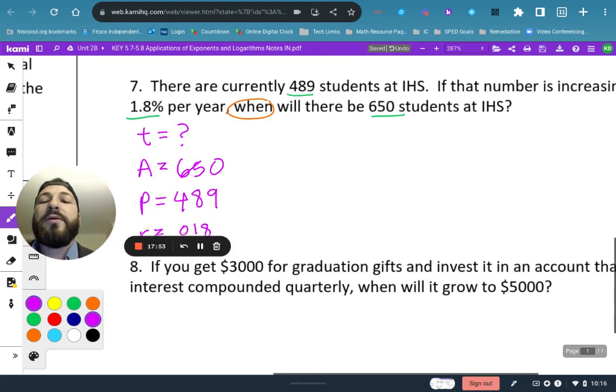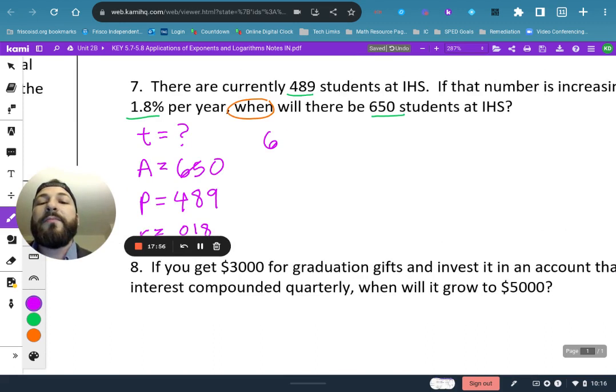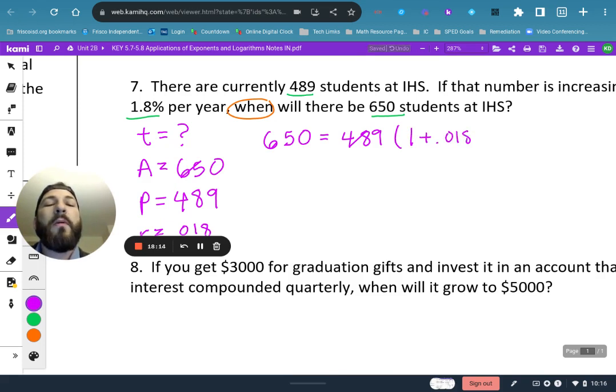So 650 is equal to 489 times 1 plus, because we are growing, 0.018. And we're taking it to that T, which is the only piece that we don't know. So T is the only thing we don't know. We know everything else. So now we want to solve for T.